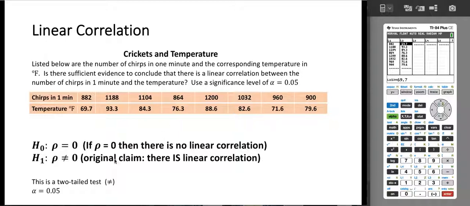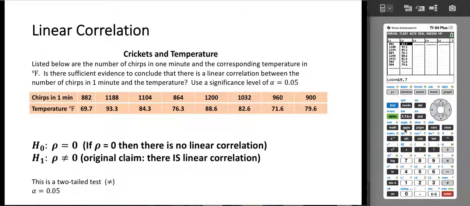So that's our alternate hypothesis, H1, that rho is not equal to 0. That's our original claim. This is going to be a two-tailed test because of the not equal sign. And remember that the level of significance was 0.05.